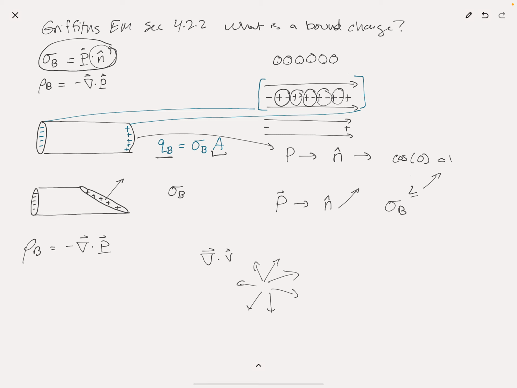Right. The only way you can accumulate bound charges in is that if you have some sort of divergence of your polarization, or divergences are also like spatial gradients, right?